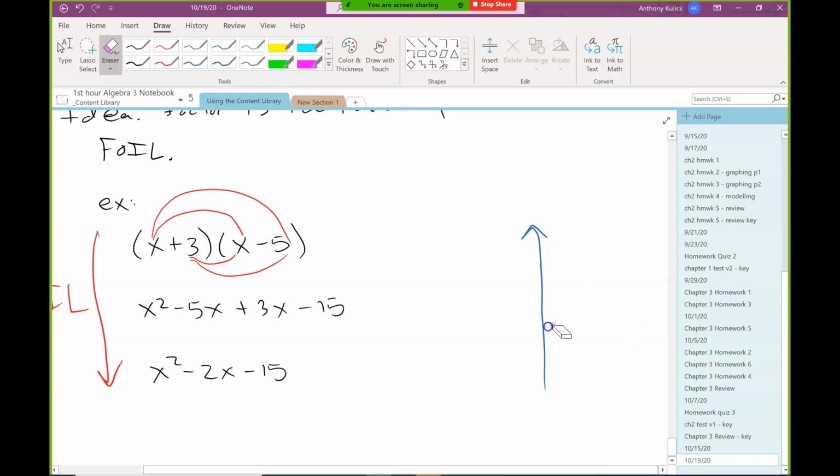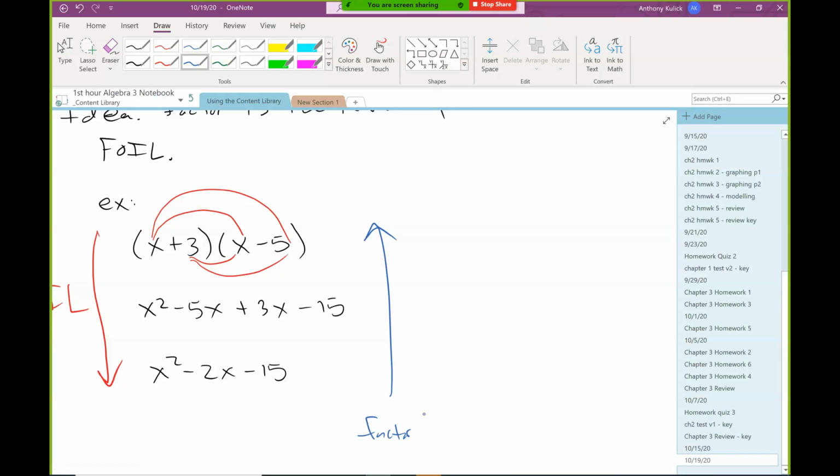Maybe I should, let me do it like this. I'll write it here. Okay. So we're going to start with a standard form polynomial, which is this, and we want to end up in the factored form, right?